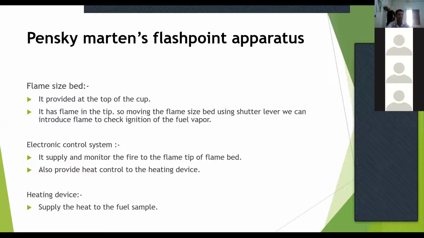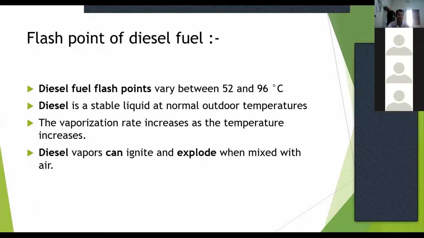So if we are going to find out the flash point of the diesel, we should know there is a range.